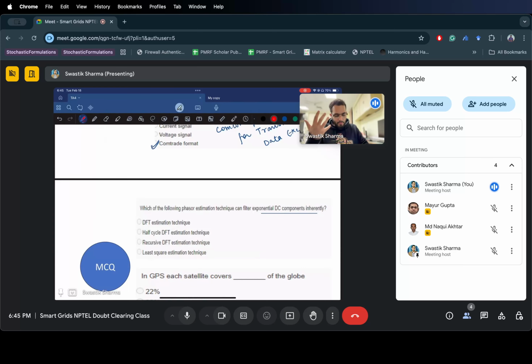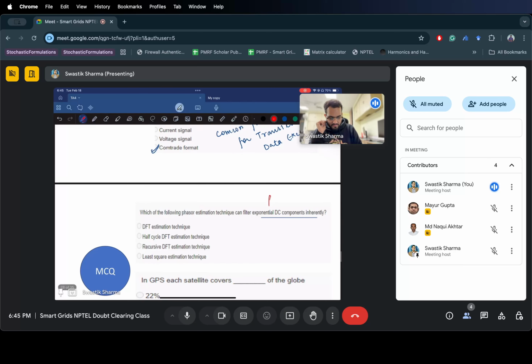Right. So when I was talking about this, I talked about where the DFT techniques lack. They lack because they are not applicable to subsynchronous frequency components in your signal, and an exponential DC component, which generally has a frequency of just zero, right? It decays exponentially. So this is a subsynchronous component, right? And for that, what kind of estimation technique would be much more suitable?